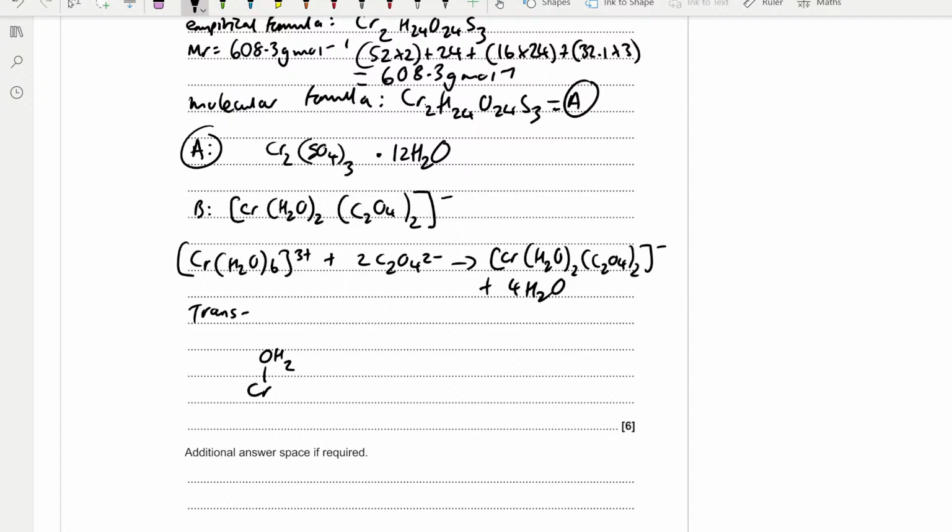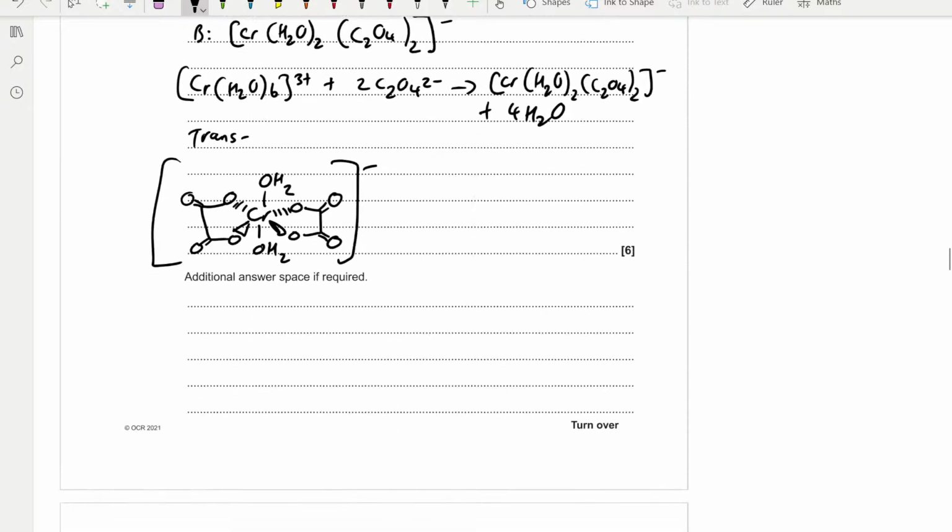So draw our water ligands, and then our ethanedioate ligands. You can draw them skeletally to make it easier. Make sure you draw in 3D. And then our overall negative charge.